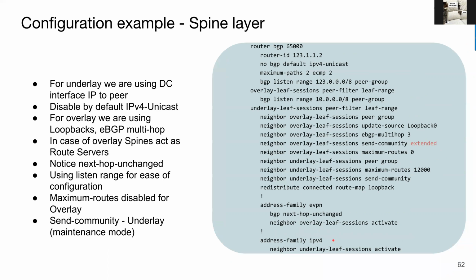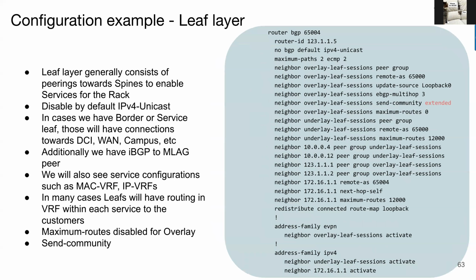So a couple of differences between the spine configuration, which is acting as a transit. So we want these spines to be invisible as far as we're concerned with the actual routes that are being sent between the leaves. And then with the leaf, if we're running MLAG, we're going to have some additional configuration.